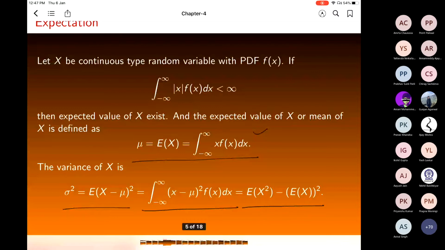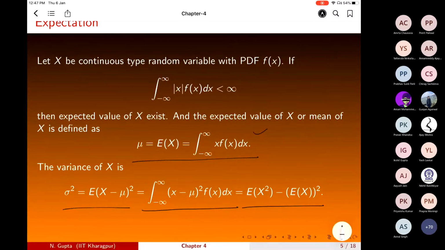So we will add summation of x px over the discrete points plus integration of x fx dx over the continuous part, where small fx is the pdf. In the same fashion, we will have it for the variance of X also.